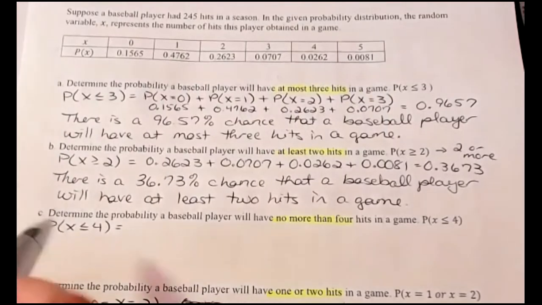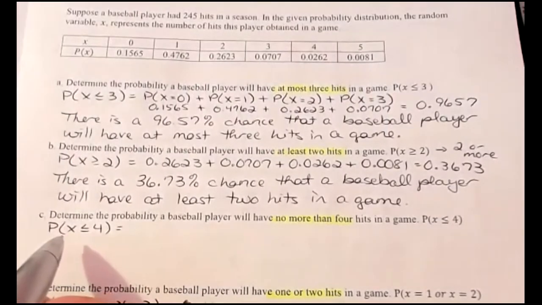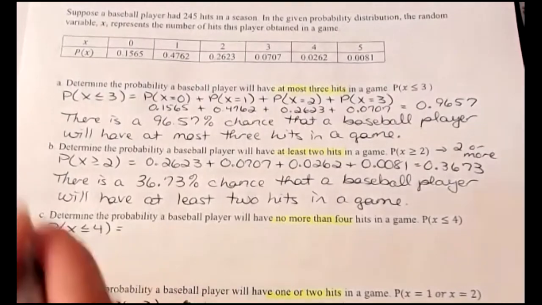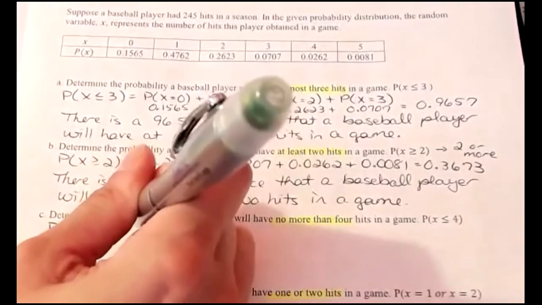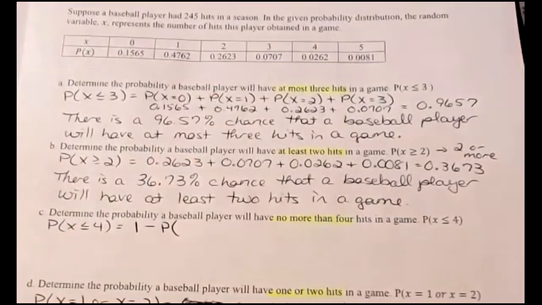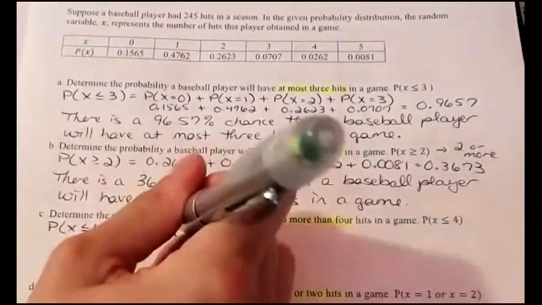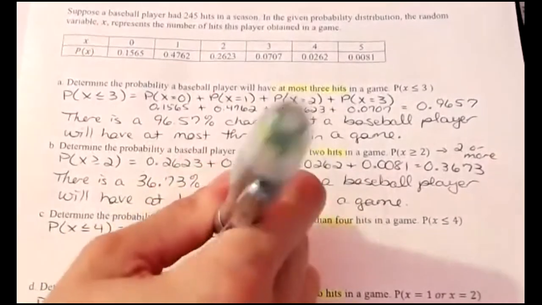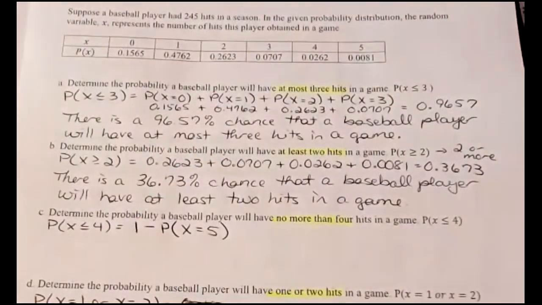So I'm going to write here that the probability that a baseball player will have no more than 4 hits is the same as 1 minus the probability of the value that's left over when a baseball player hits 5 hits in a game.